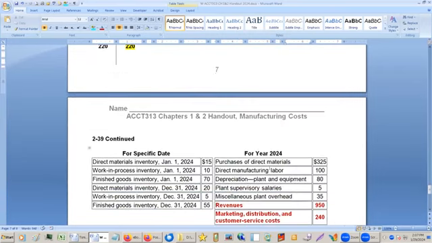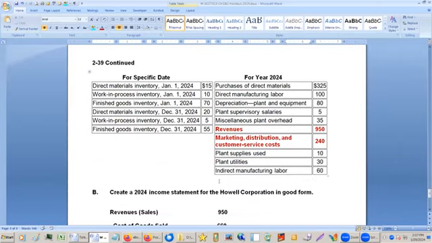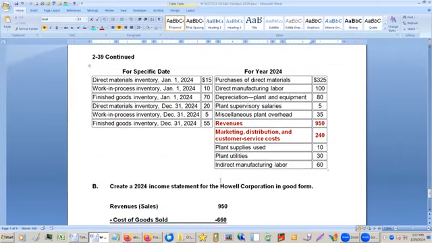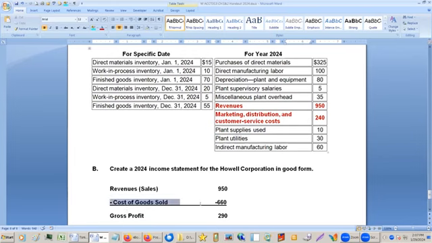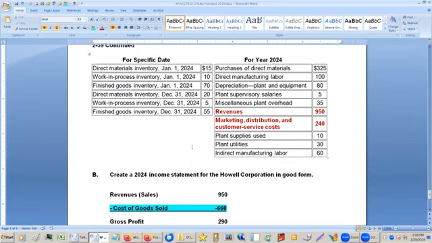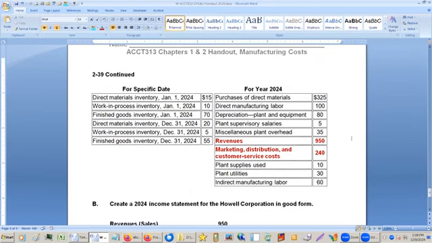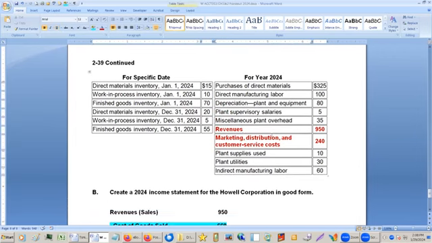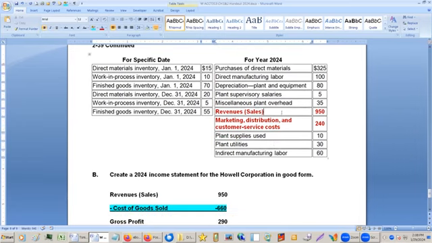Okay, so coming down here, we're going to make the income statement. And the cost of goods sold is from the previous page. The revenues, by the way, revenues and sales are the same thing, just so you know. You probably already know, but they're just two different words for the same thing.